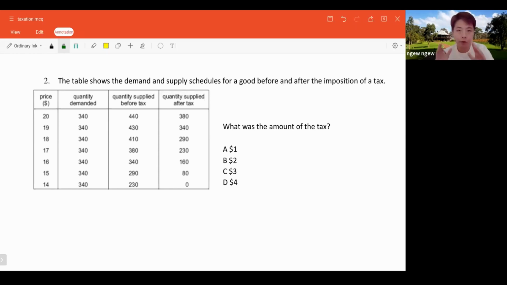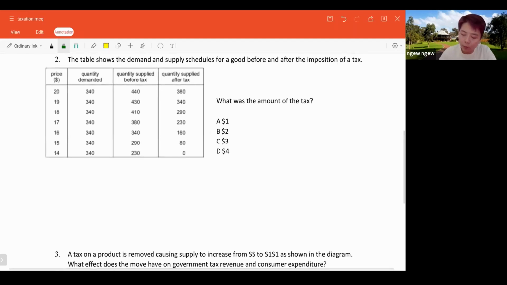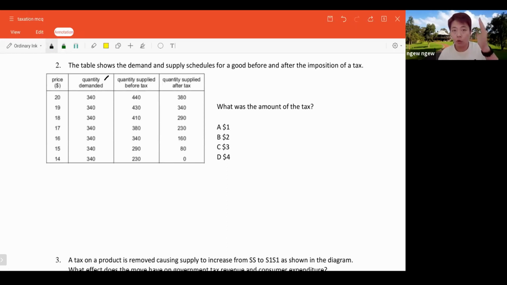Okay, and we have quantity supplied before tax, quantity supplied after tax. If you observe the table, there's one thing a bit special: your quantity demanded is always 340, okay? So you can tell it is a perfectly inelastic demand.